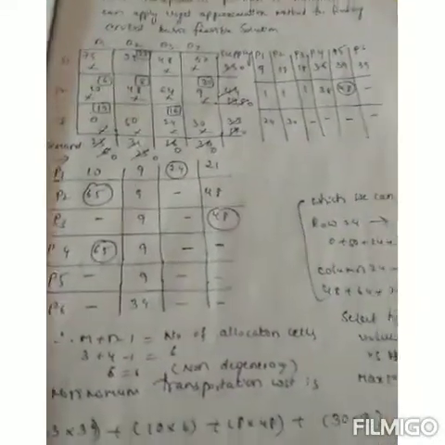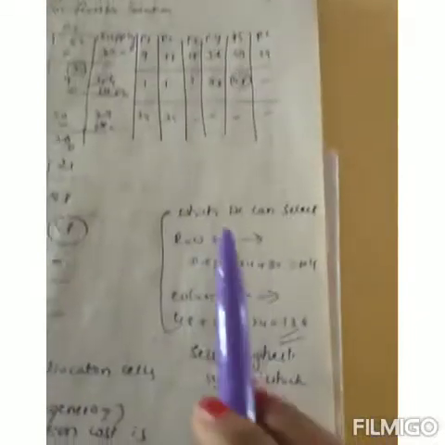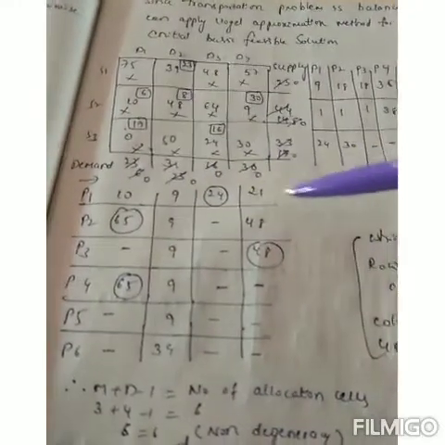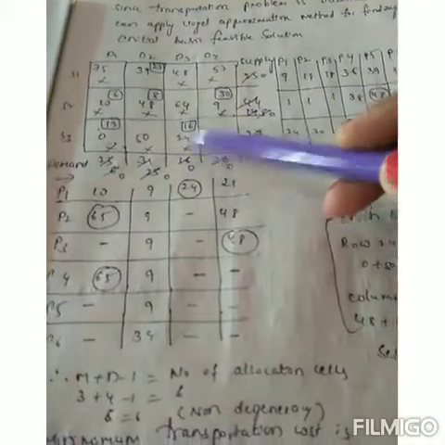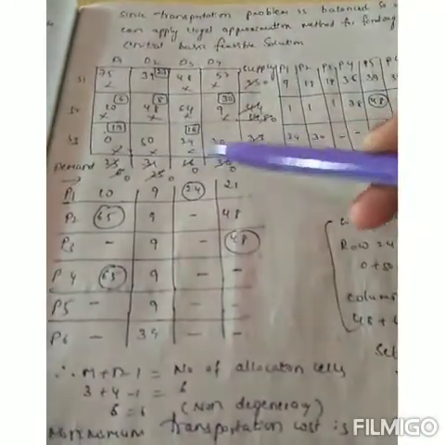Here there is a little bit of confusion in Vogel's approximation method. If you have two equal penalties, like here 24 in a column and here also 24, which one can you select? We don't know. So we will add the row: 48, 64, 24, and the column: 0 plus 50 plus 24 plus 30.